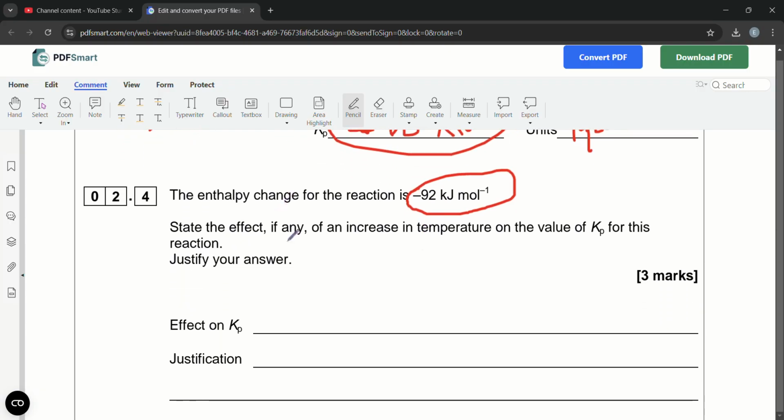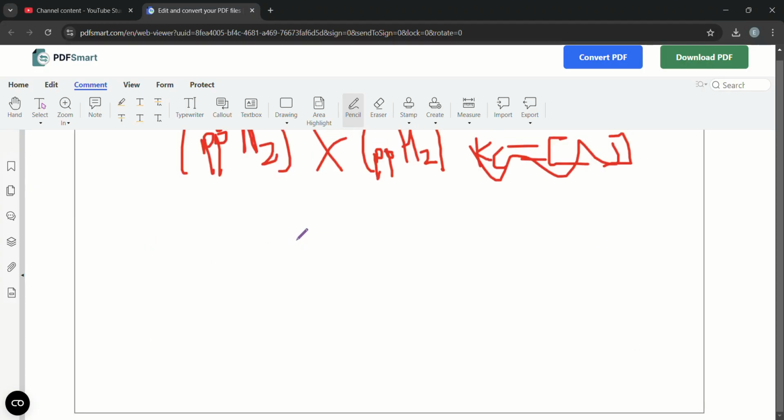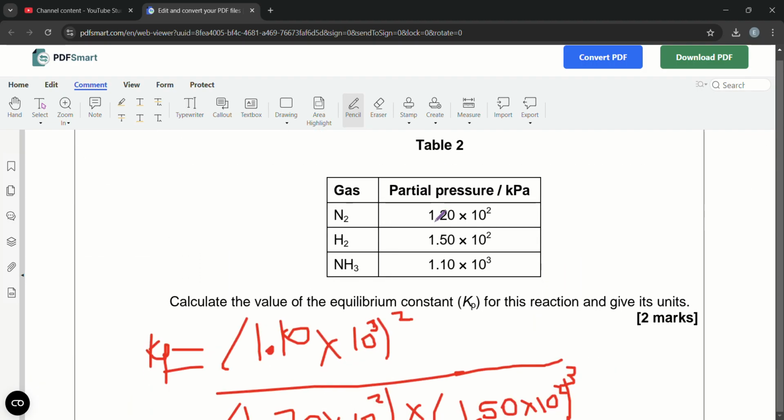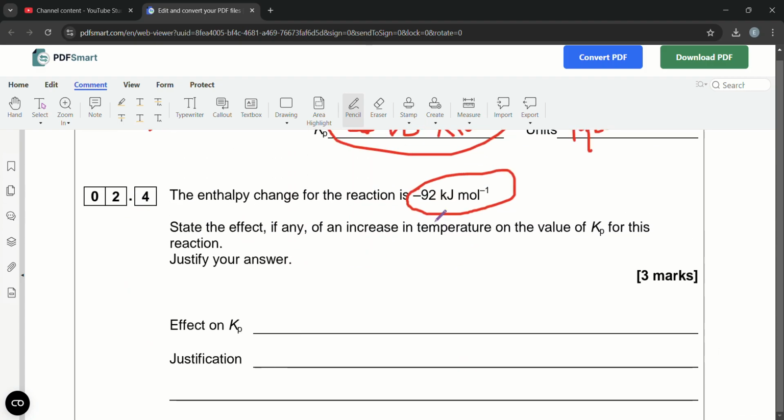And if we increase temperature, it's going to shift in the endothermic direction, and therefore there's going to be more reactants than products. And therefore, if we do increase the temperature, it's going to decrease. Yeah. So just simple decreases.